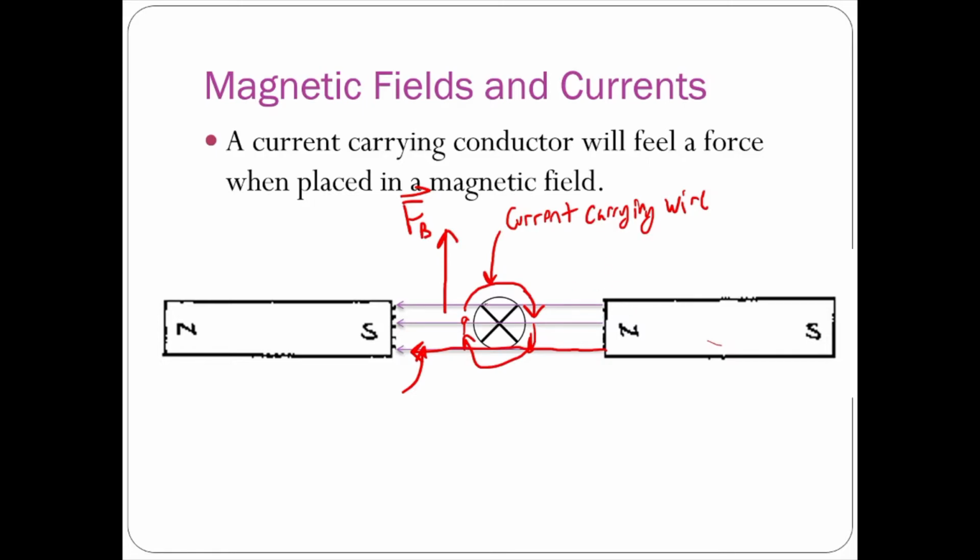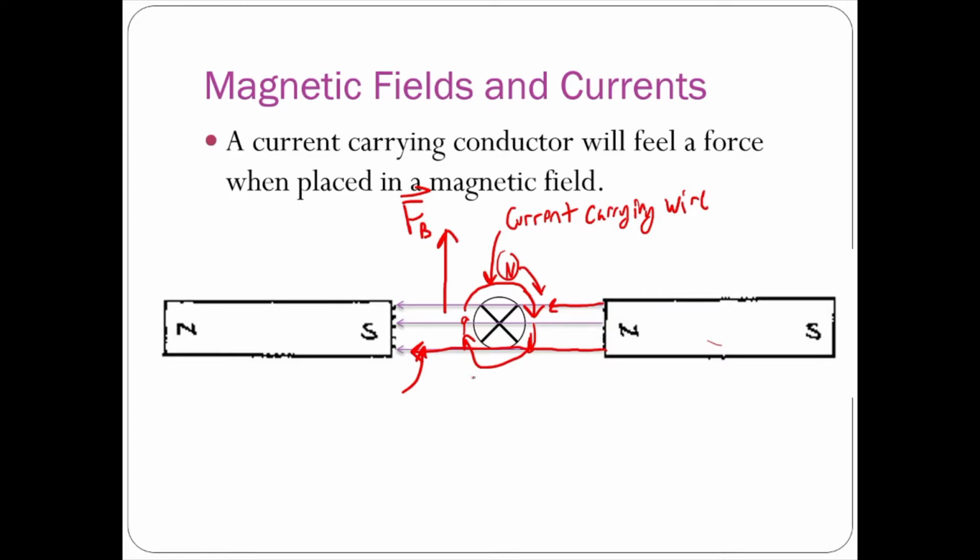So this wire would then be pushed in the upward direction, which makes sense, because if I consider the motion of a north pole going this way, it's going to collide with the north lines here and cause this to get pushed up.